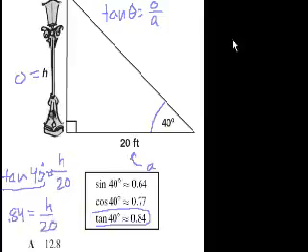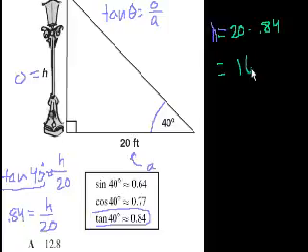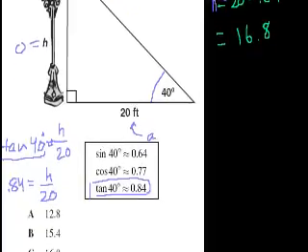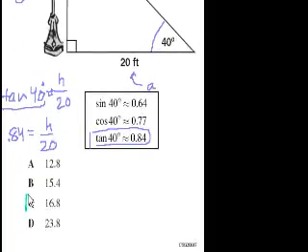We multiply both sides by 20, and we get h is equal to 20 times 0.84. 2 times 0.84 is 1.68, so 20 times 0.84 is 16.8. And that is choice C.